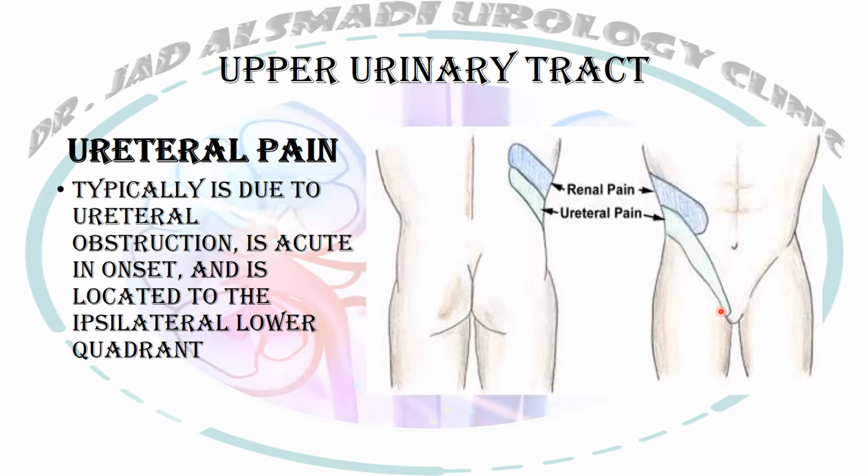It may also extend to the anterior part of the thigh because of the genitofemoral nerve, which arises from L1 to L2, and this nerve supplies the anterior part of the thigh in addition to the scrotum and labium.